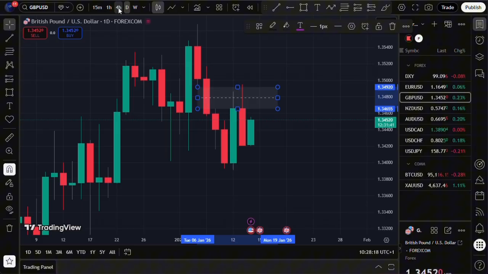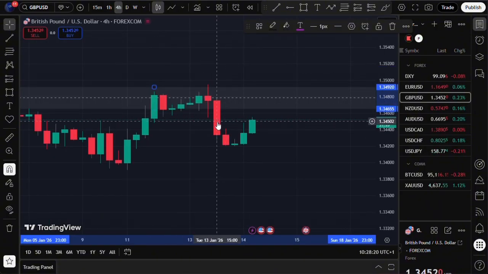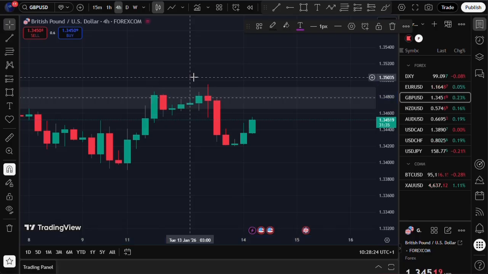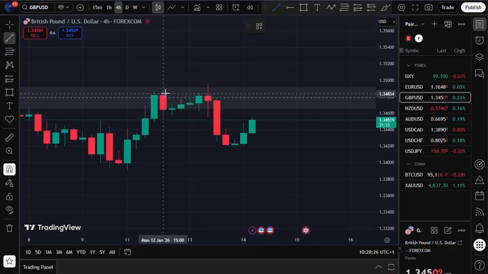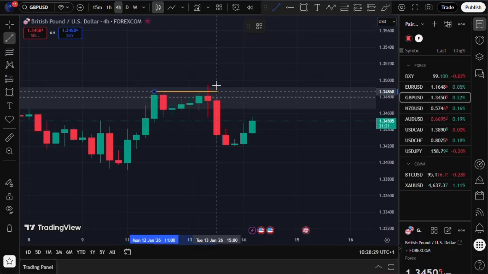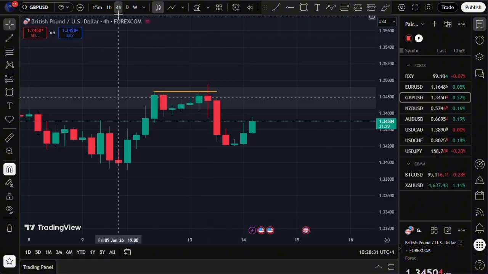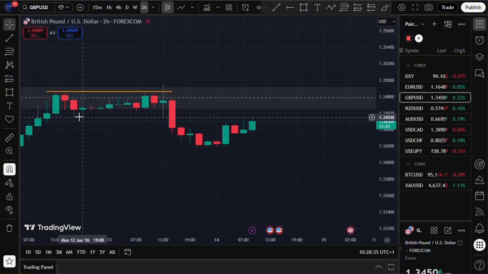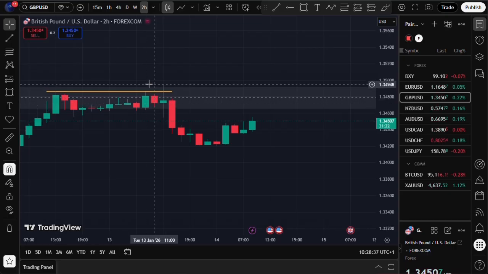If we drop down into the 4-hour time frame, we can also see a fair value gap created on the 4-hour and also a sweep of liquidity and a change of market structure. You can see that change of market structure clearly if you move into the 2-hour or the 1-hour time frame. You can see how price took out buy side liquidity and started dropping lower.